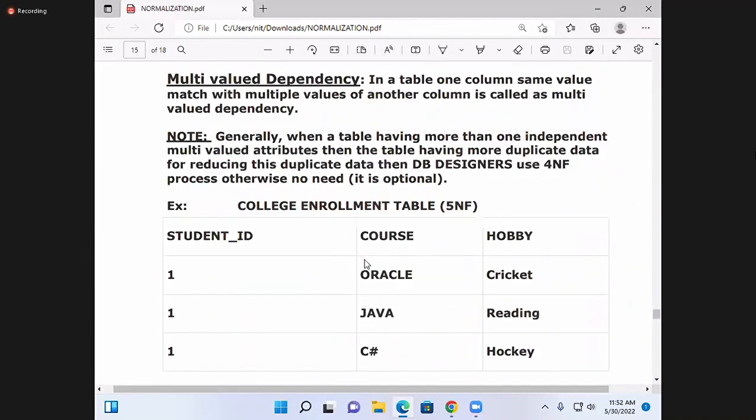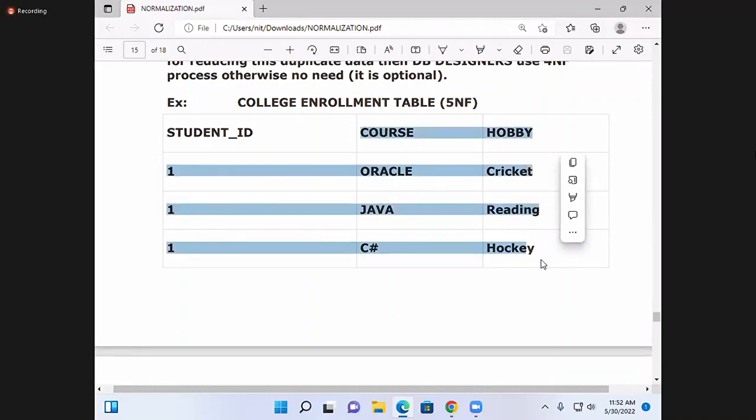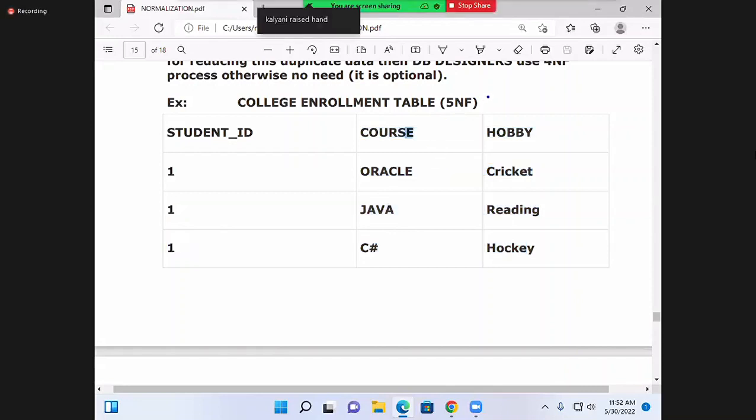Here, this is my table. This table has multi-valued columns, yes or no? More than one is there. But if more than one is there, and I'm not splitting this table and I'm keeping it as it is, then this is called 5NF.